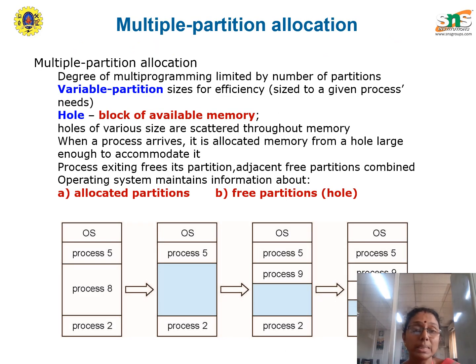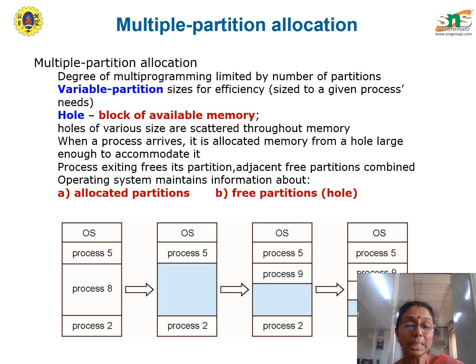In multi-partitioning systems, that is variable partitions, the degree of multi-programming is limited by the number of partitions in the variable size. A hole is a block of available memory in the physical memory. The holes of various sizes are scattered throughout the memory. When a process arrives, it is allocated memory from a hole large enough to accommodate it.